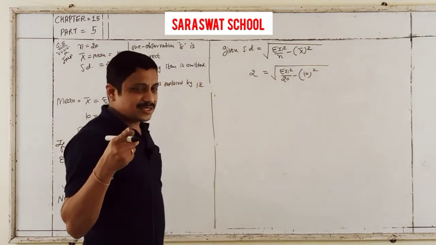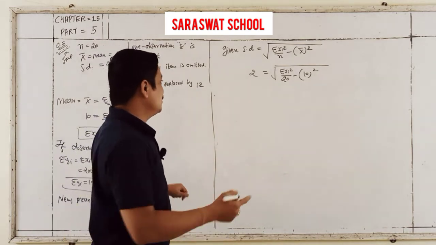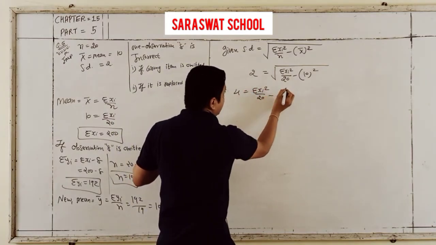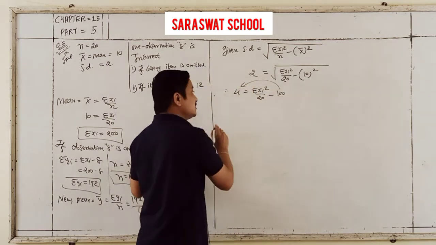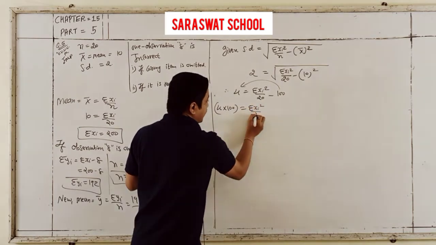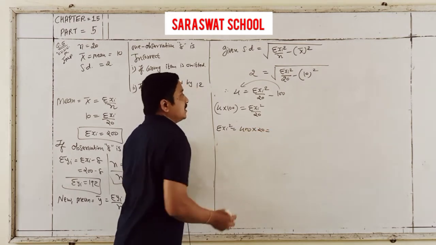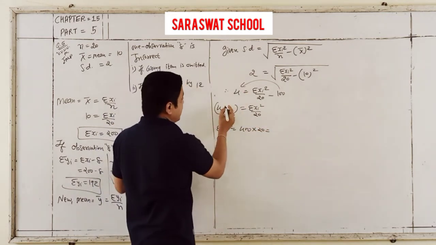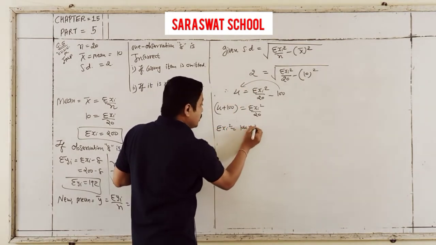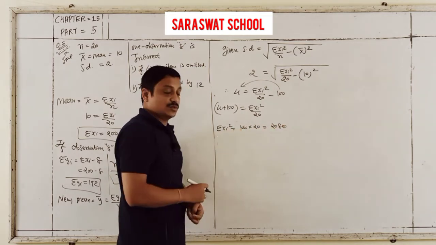Whenever the SD is given, use the given mean, and for the new SD apply the new mean. Squaring both sides, taking 4 equals sigma xi square by 20 minus 10 square, which is 100. So 4 plus 100 equals sigma xi square by 20. Sigma xi square, students, not 400, it is 100 plus 4, by mistake I said 4 plus 100, it is 104 into 20, so 2080.